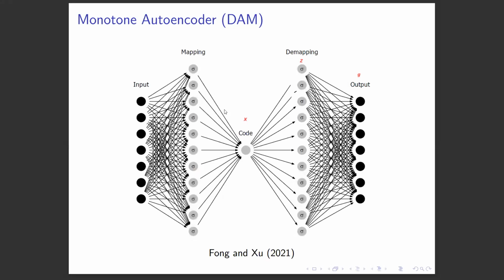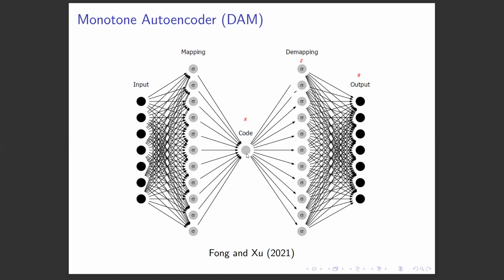So what we are introducing here is, if we just have one component, we want to have a monotone encoder. This is one way to control the complexity of the nonlinear combination.